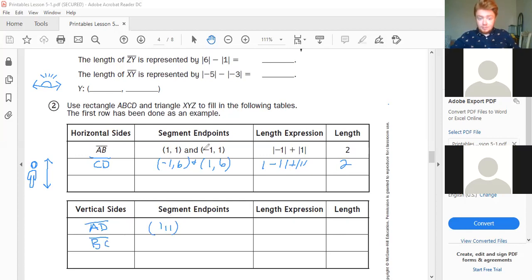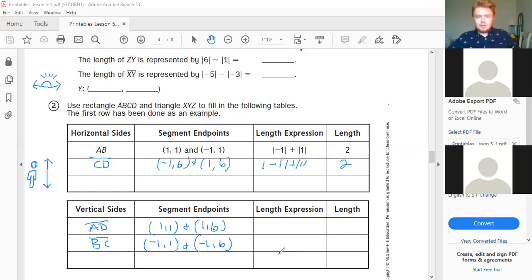And then B was this one, the -1, 1. We remember C was -1, 6, and then D was right here, the 1, 6. And you can just put a little 'and' sign or whatever you want right there.